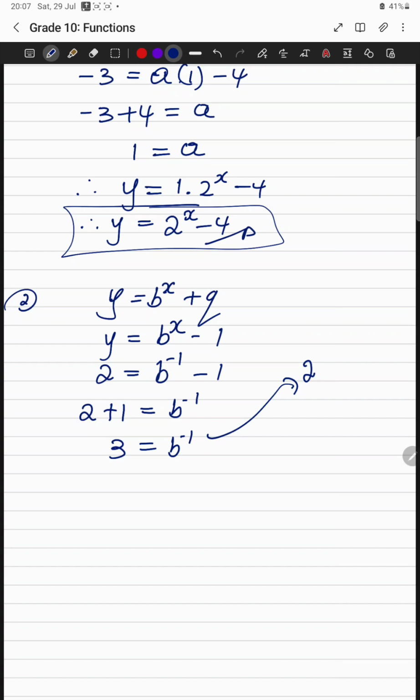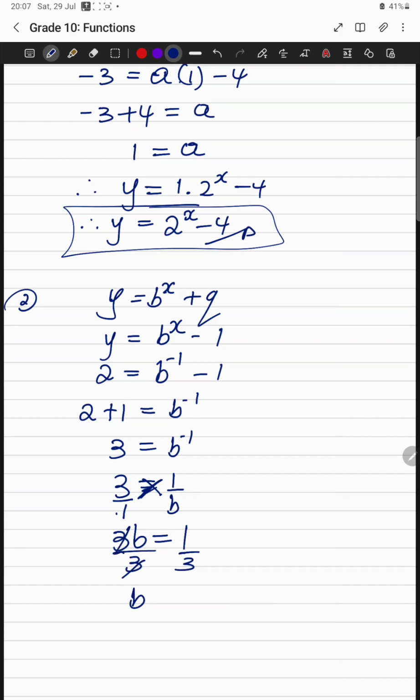For example, 2 to the power -1 is the same as 1 over 2. x to the power -1 is the same as 1 over x. So it's always like that. So we're going to change that b, so it must be 1 over b, and this is over 1, then we cross multiply. So b times 3 must be 3b, and then 1 times 1 must be just 1, then we divide by 3 on both sides. So therefore b is equal to 1 over 3.